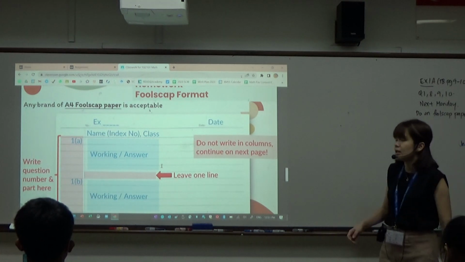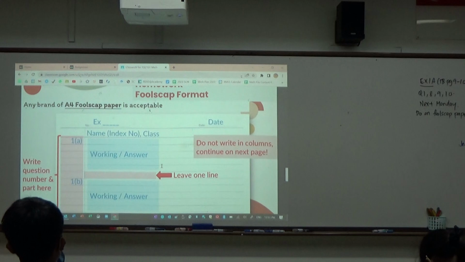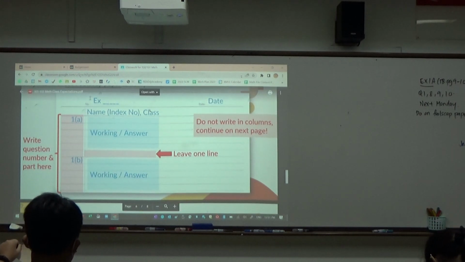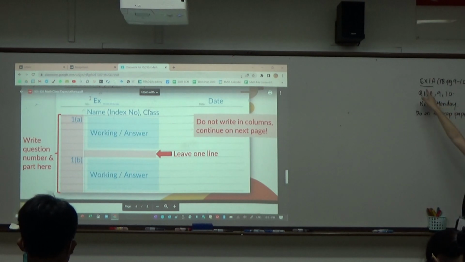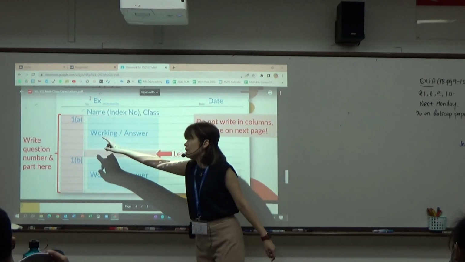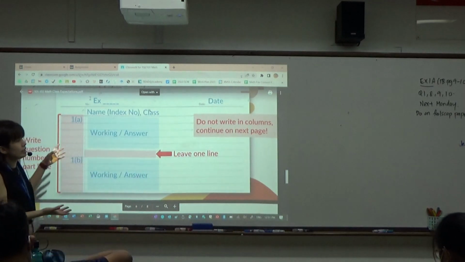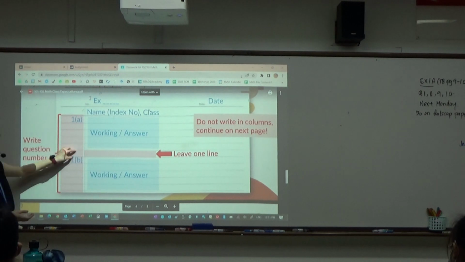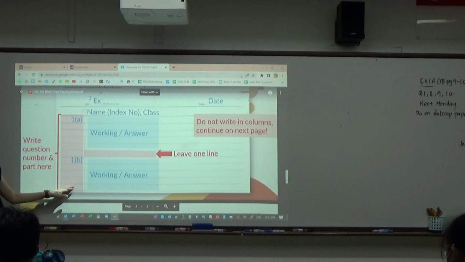Just follow that format. Otherwise, please write very clearly the exercise number that you're doing. In this case, exercise 1A. Write down your name, index number, and your class. If there's a new part or new question, please leave one line before you begin the next one.